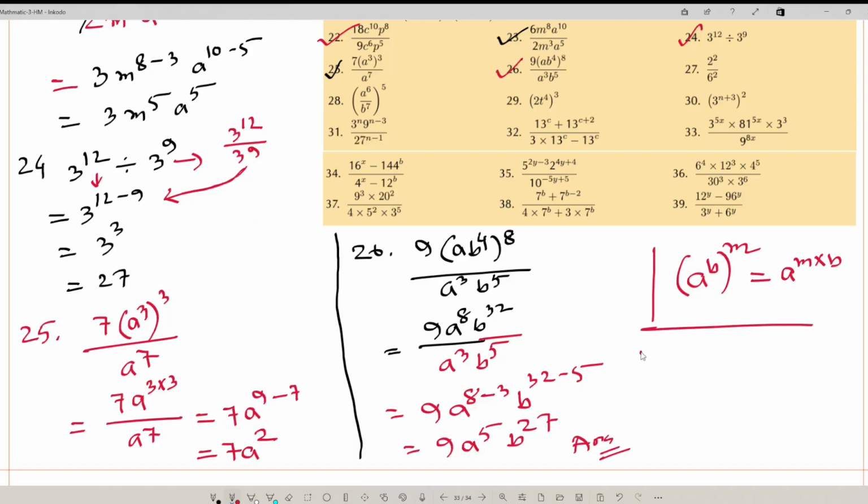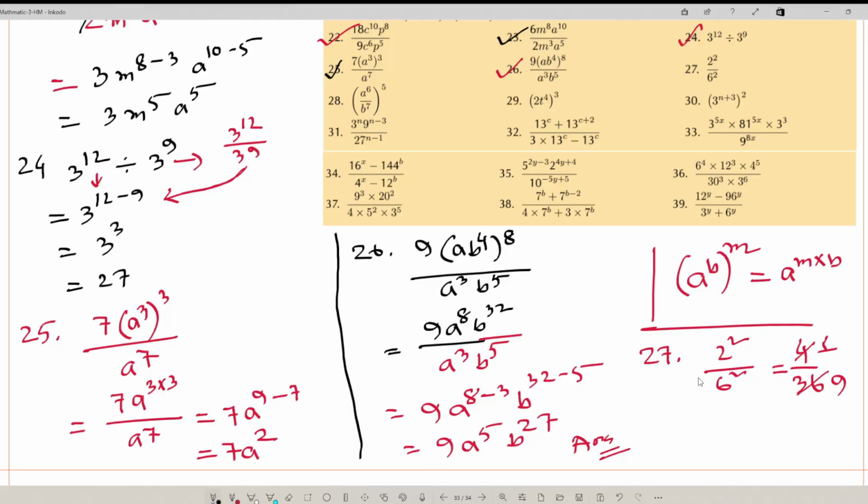27. We can write here 2 squared over 6 squared. So what can we do? Look, 2 squared means 4 and 6 squared means what? 36. So we can divide both by 4. 4 divided by 4 means 1, and 36 divided by 4 means 9.